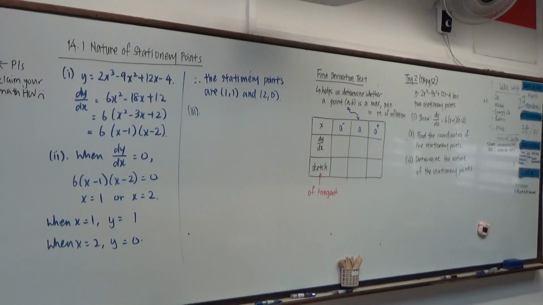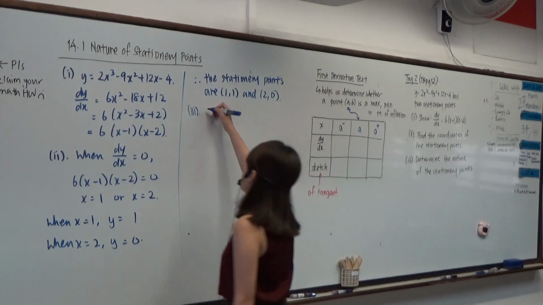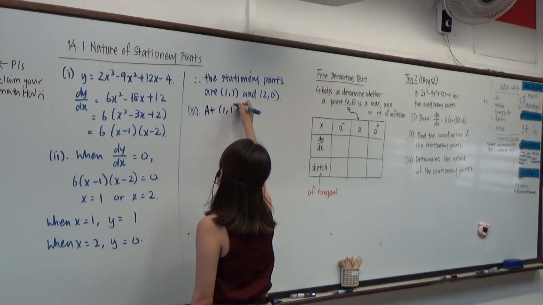You're able to get that the stationary points are at 1, 1, otherwise 2, 0. Then in part 3, we want to determine the nature of the stationary points. So we use our first derivative test. So we do point by point.